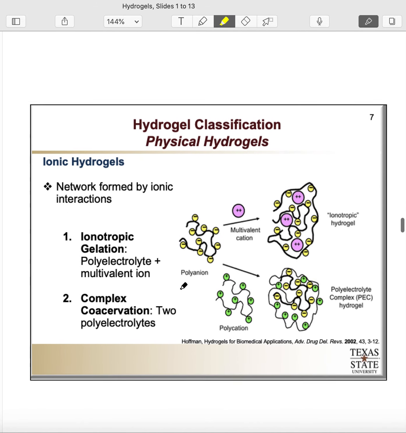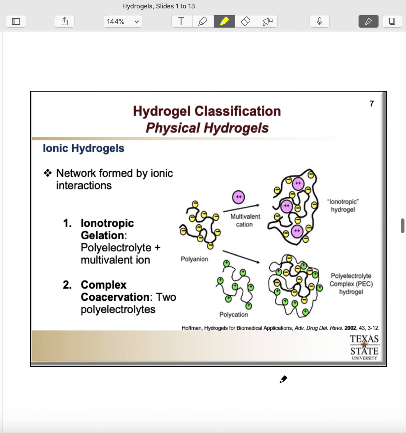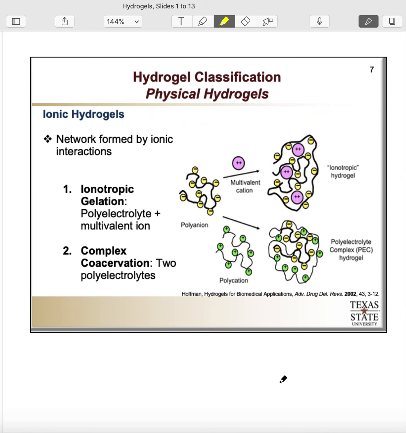All right, we're going to start by looking at an example of ionic hydrogels. So an ionic hydrogel would be that which is made by ionic or electrostatic interactions. And there's basically two ways to form these hydrogels. One of them is called ionotropic gelation.